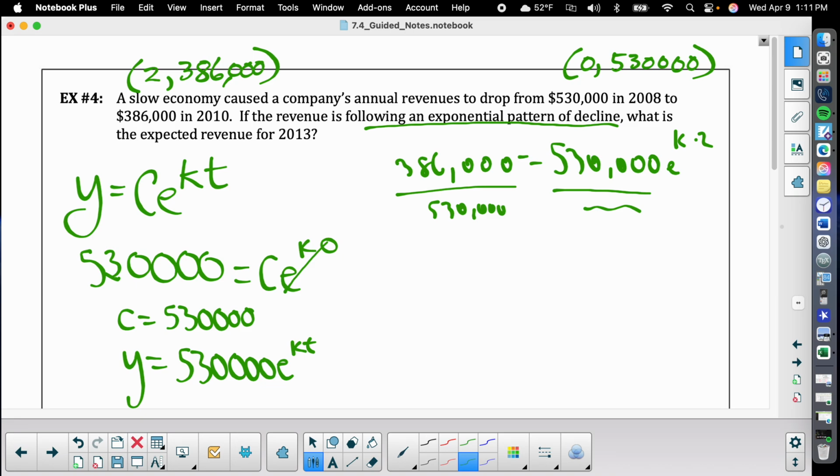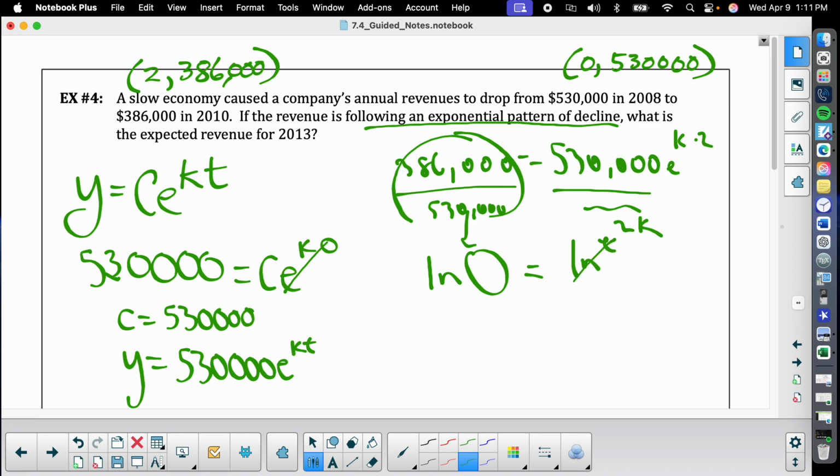Then drag that down, and it's ln of whatever that is, ln of e to the 2k, and these cancel out, and combine.